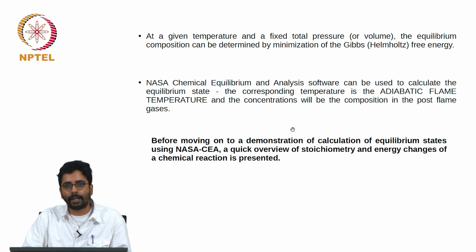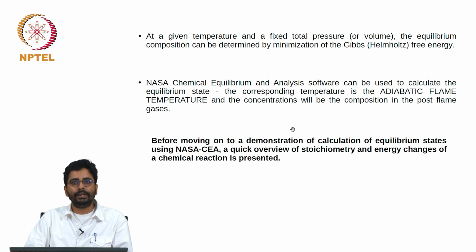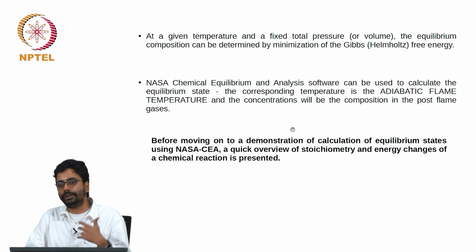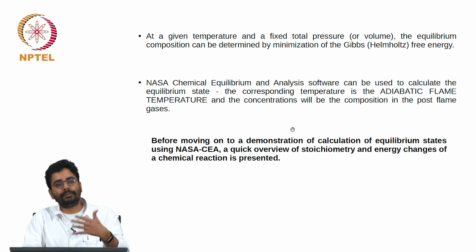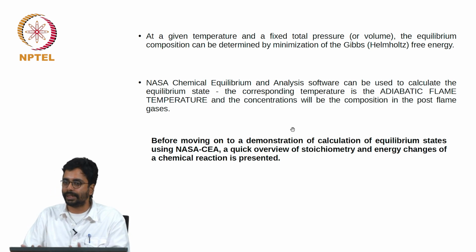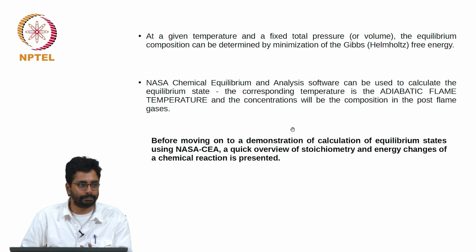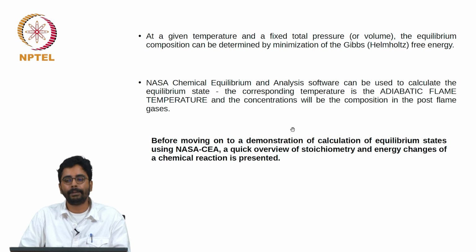This tool can be used to calculate the equilibrium state, and the corresponding temperature is called the adiabatic flame temperature, and the concentrations will be the composition in the post flame gases. So, in the post flame gases, the temperature will be equal to the adiabatic flame temperature. Of course, I am assuming that heat losses are negligible, that the system is adiabatic, and the concentrations correspond to the equilibrium concentrations.